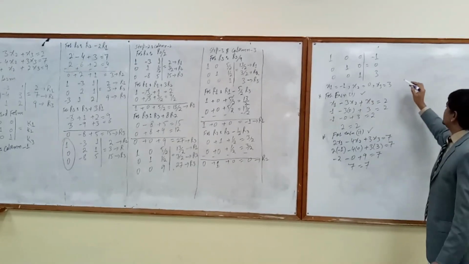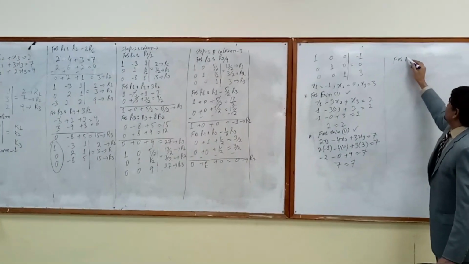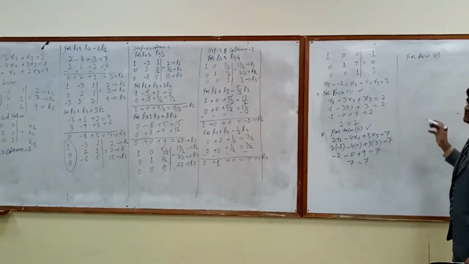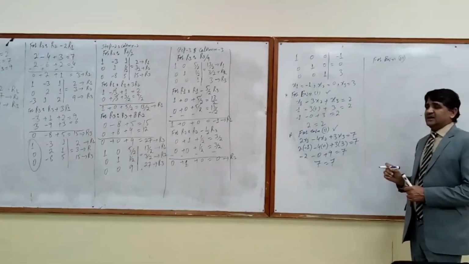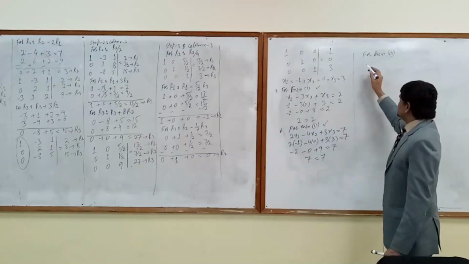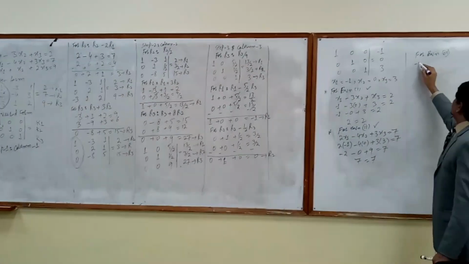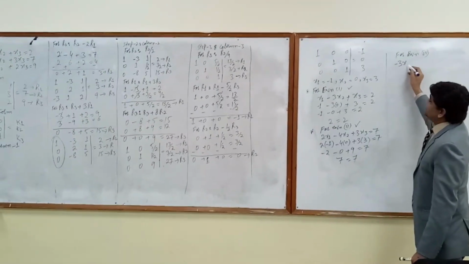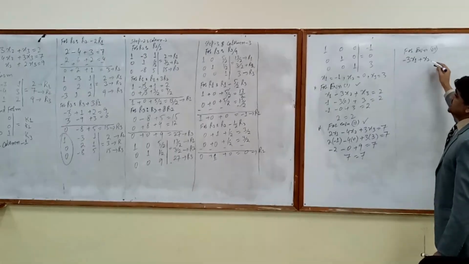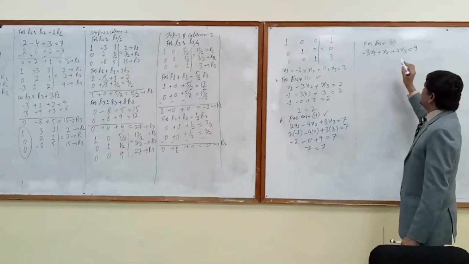Equation 1 is satisfied. Then we put the values in equation 3. For equation 3, we simply put the values of x1, x2 and x3. What is equation 3? Minus 3x1 plus x2 plus 2x3 is equal to 9.